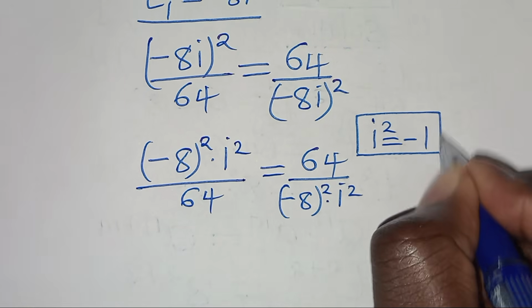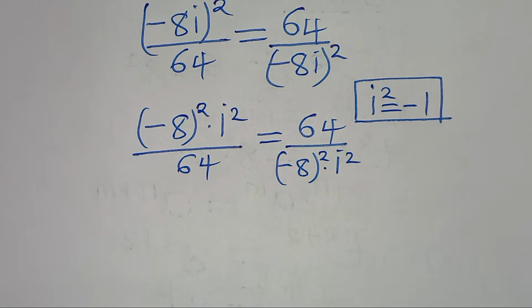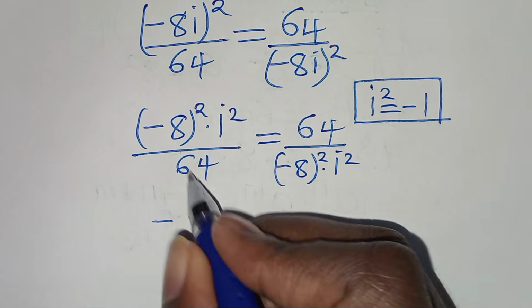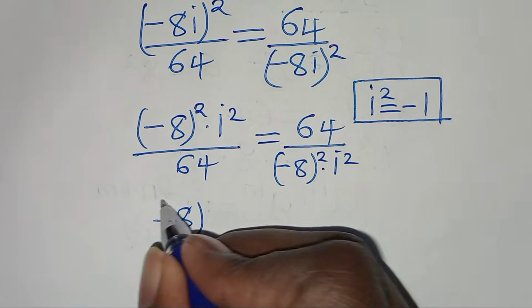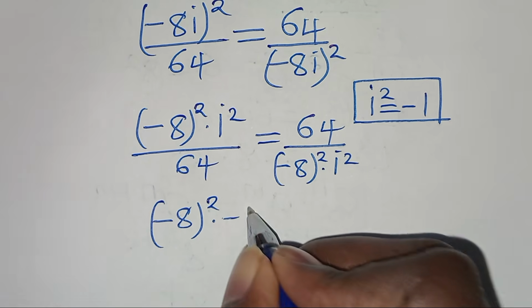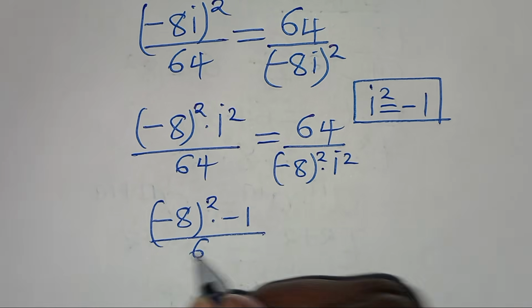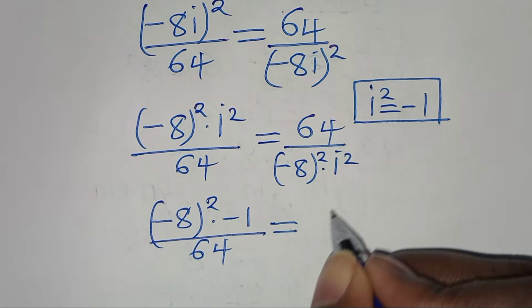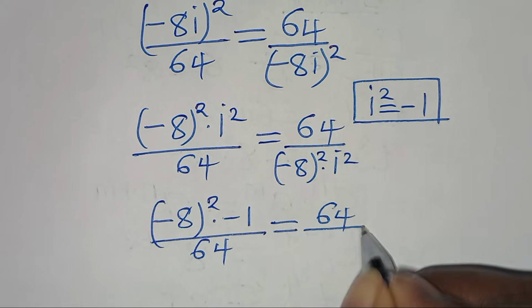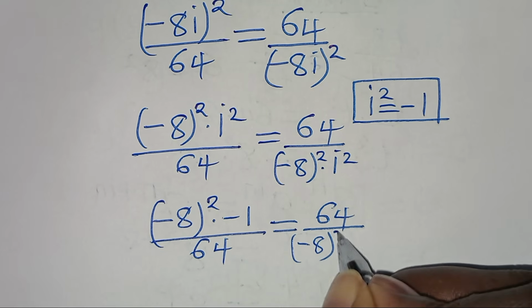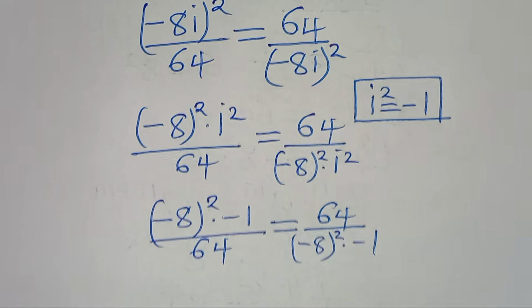Okay? So let's substitute from here. We have minus 8 squared times negative 1 divided by 64, which is equal to 64 over negative 8 squared times negative 1.